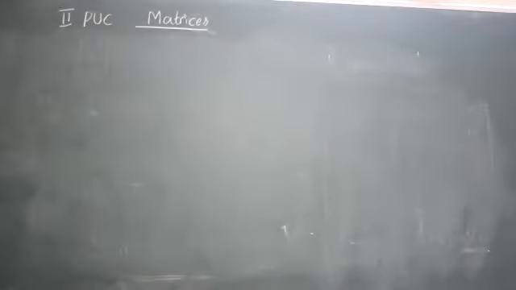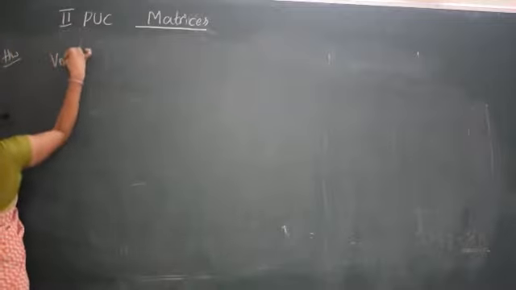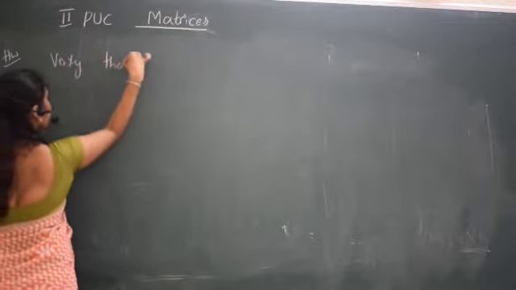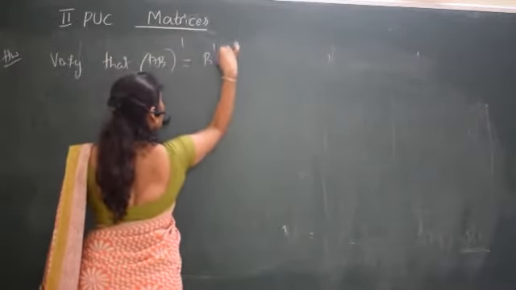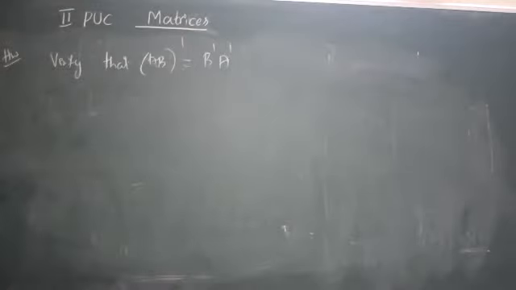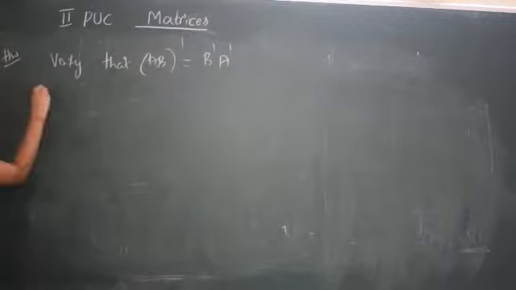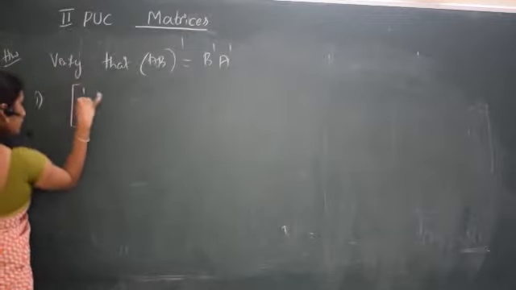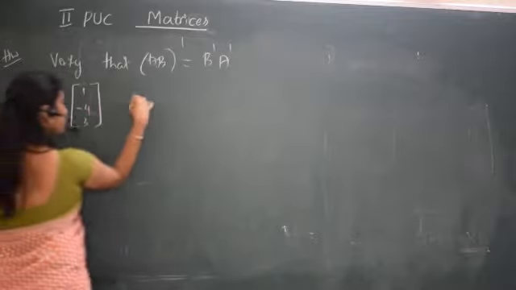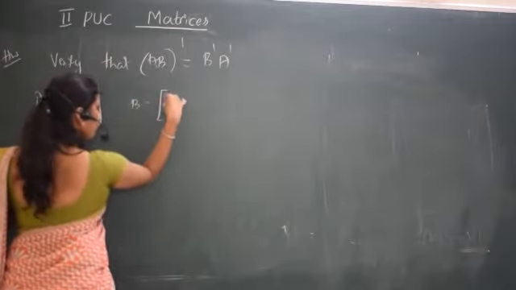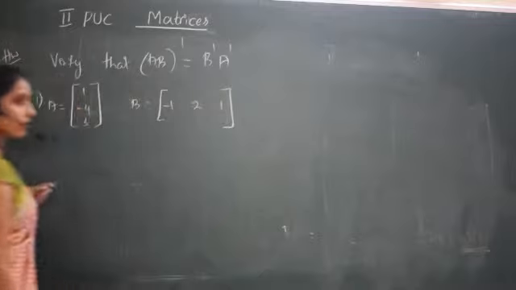Homework: verify that AB whole transpose is B transpose A transpose. In that one, A is 1 -4 3, -1 2 1.